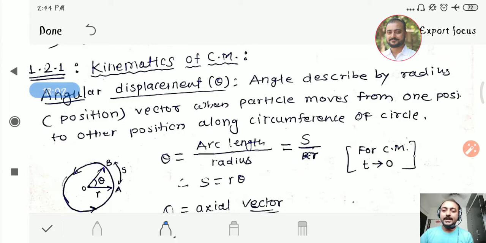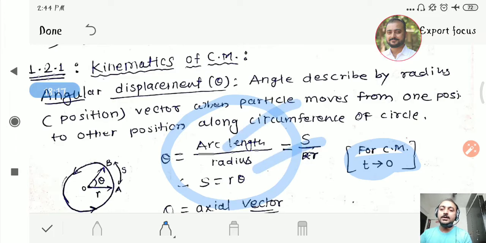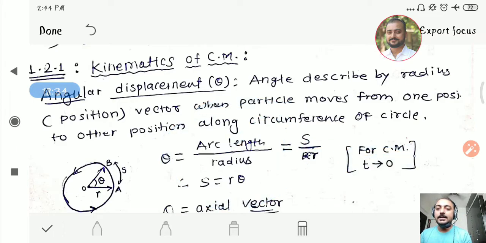So the reason behind that, remember, in case of circular motion, we consider that the time tends to zero always. Means when a particle moves from one position to the other position along the circular path, we consider that this time period is much shorter, and therefore this is nothing but a smaller linear displacement, and that's why I am representing the linear displacement as s.